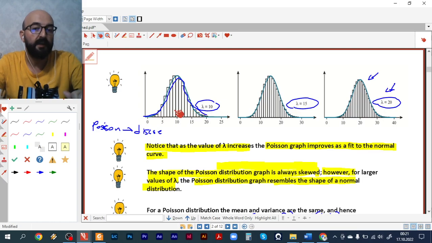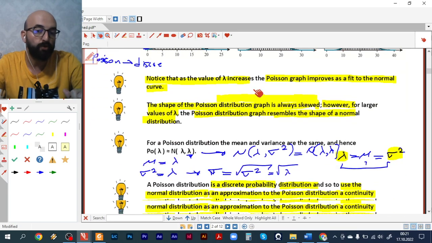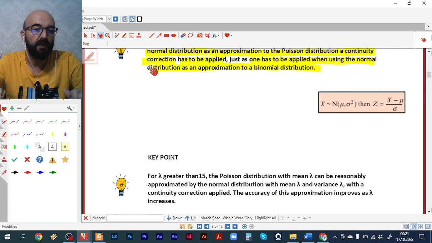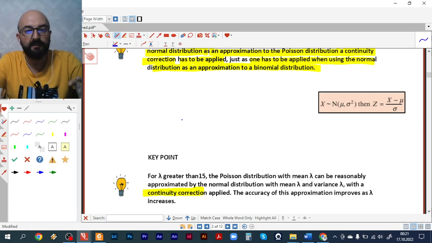So if you want to use normal distribution as an approximation to the Poisson distribution, please remember that you should apply continuity correction, convert to x value, and convert to z value.